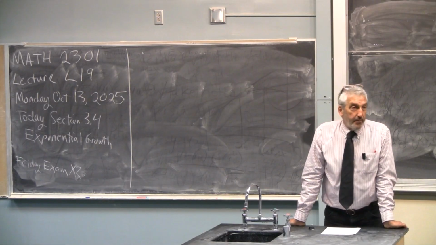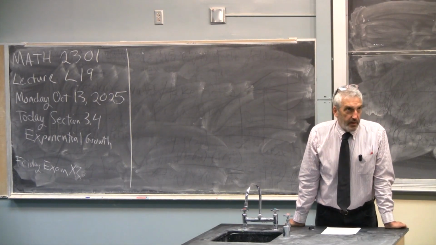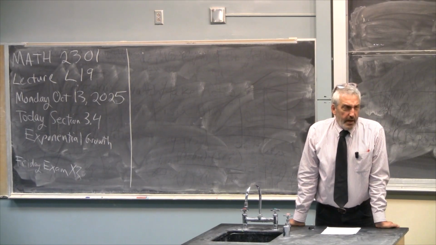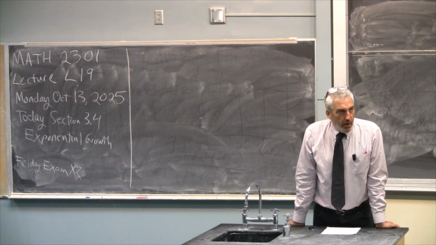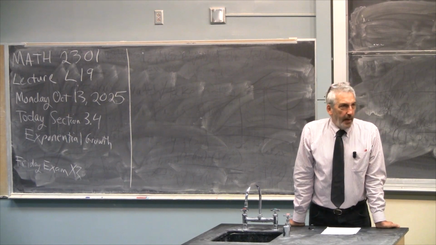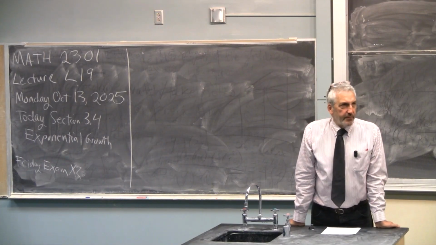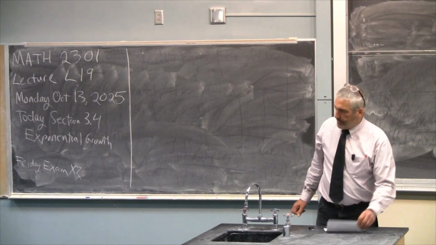Actually, there's a 4th type of example in the book section having to do with bank account interest. I'm going to get to one of those kinds of examples today, but I'm going to spend most of my time on the first 2 things, kind of an introduction to this topic.